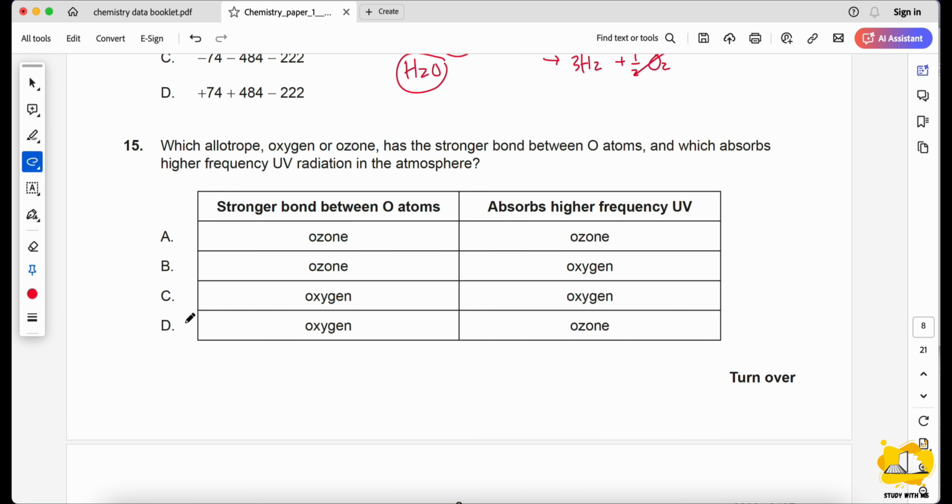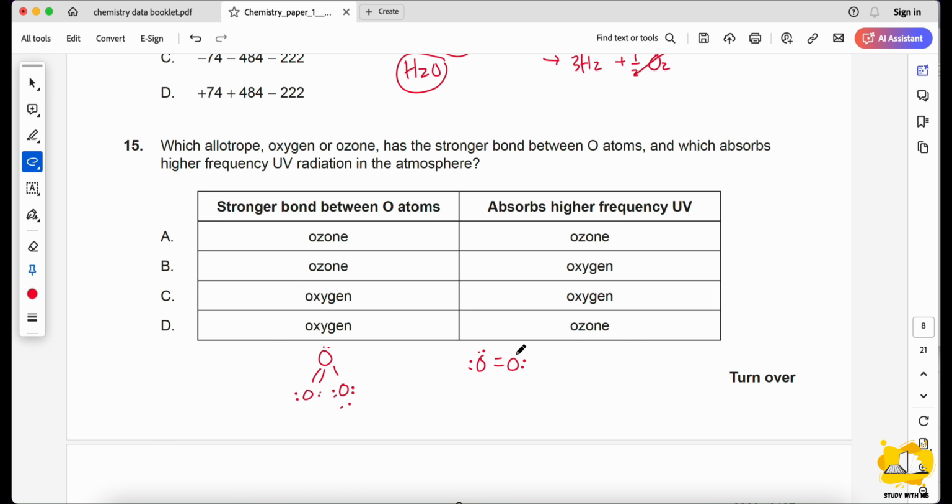Which allotrope, oxygen or ozone, has the stronger bond between O atoms, and which absorbs higher frequency UV radiation in the atmosphere? For ozone, that would be like this, the structure. And for oxygen it will be like this.